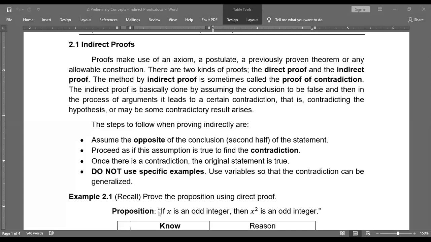Who can recall the truth value of conditional statements? Di ba there were 4 possibilities there. What is the truth value for each possibility, or when will we have a conditional statement that is true and when will we have one that is false?